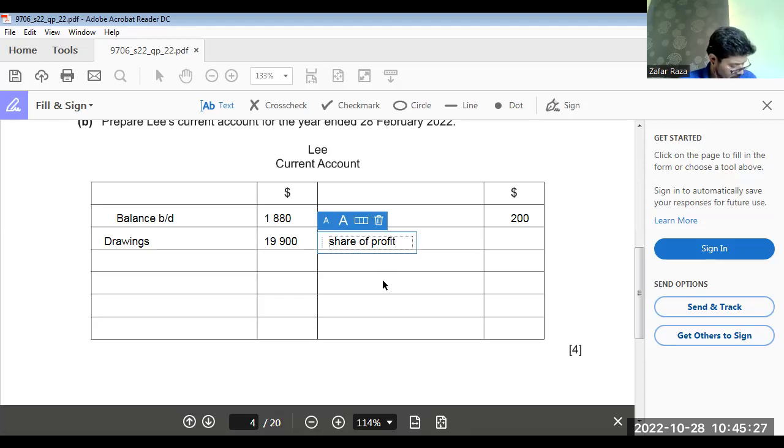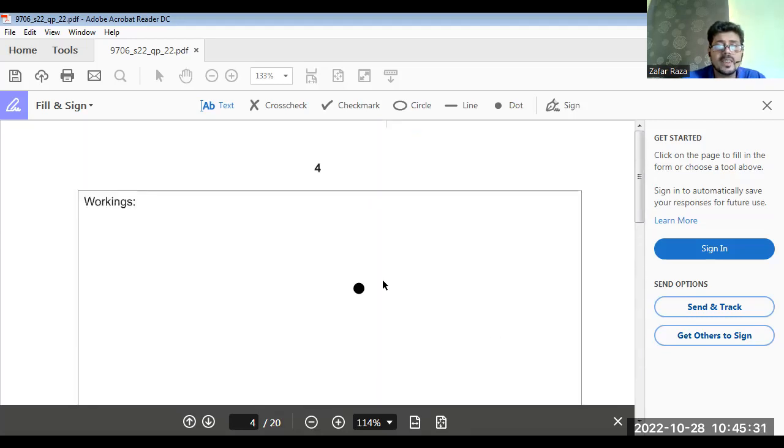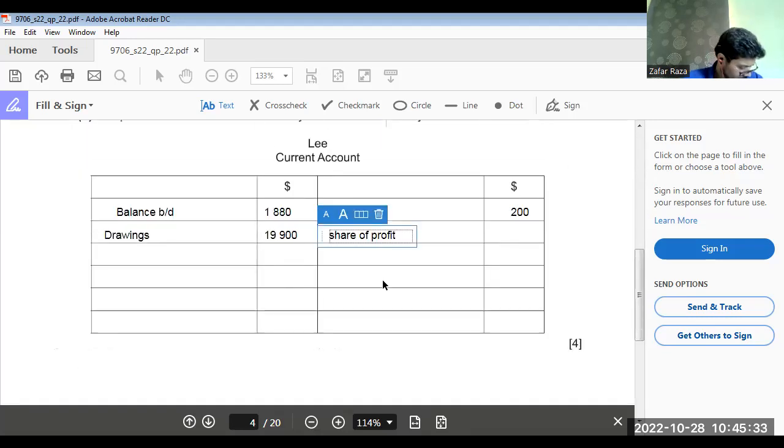How much share of profit? 2:3. The profit was 53,620. 53,620 multiplied by 3 divided by 5 is 32,172.